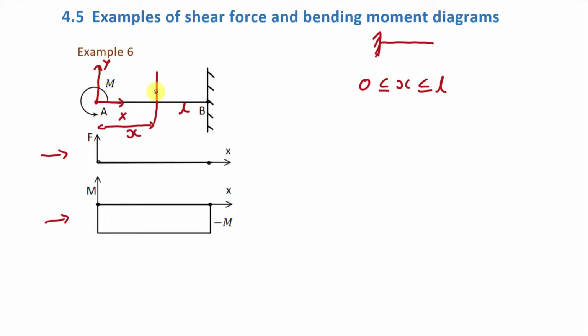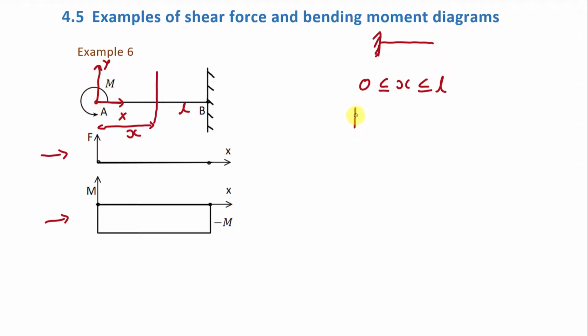Now to find out shear force at this section, we have to take the sum of all the transverse forces either on the left side of this section or the right side of this section. Here we will see the left side of this section. As you can see, in the left side there is only bending moment M, but there is no transverse load.